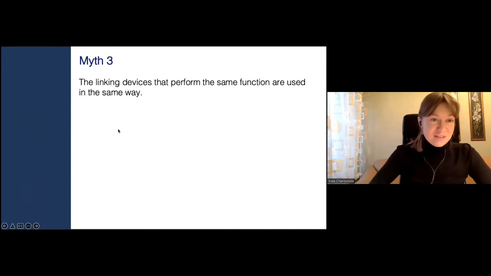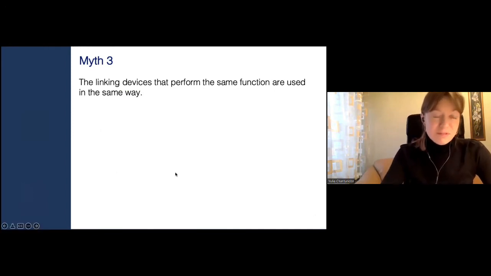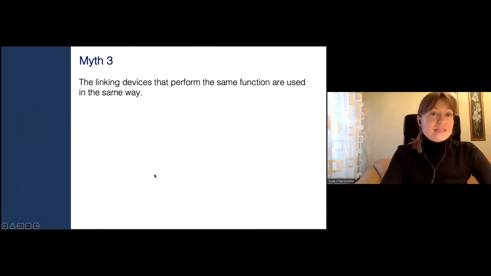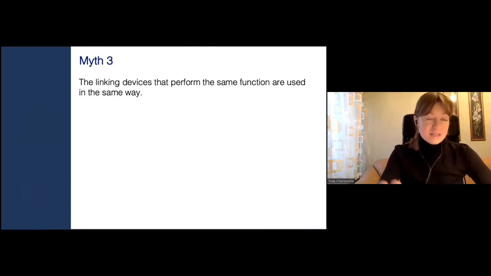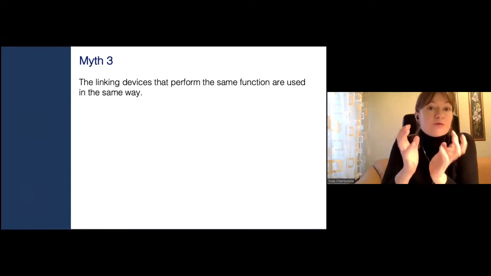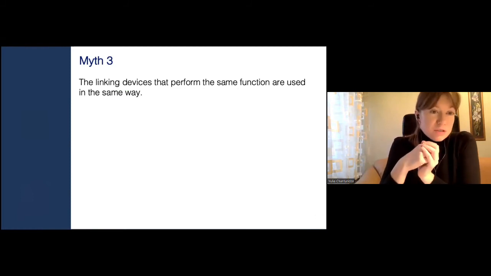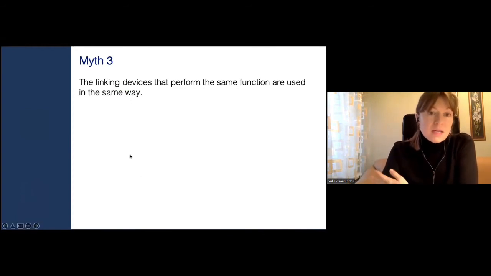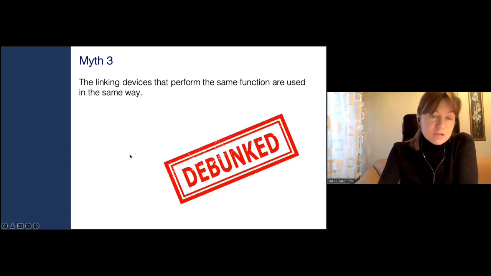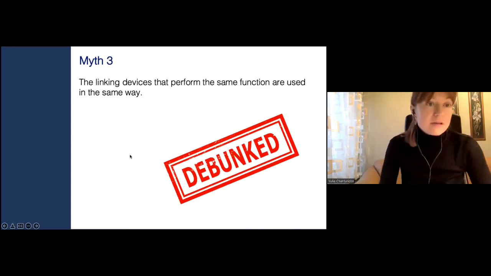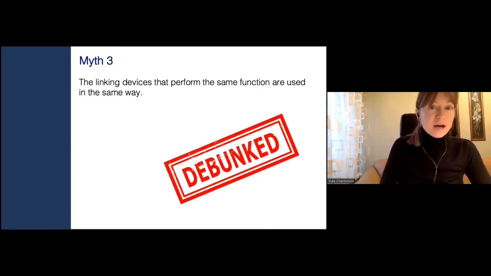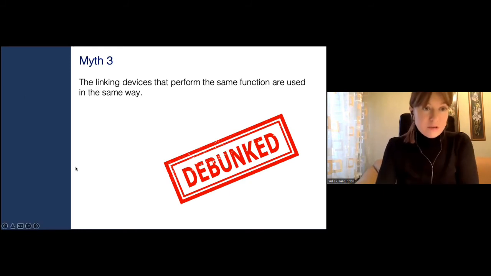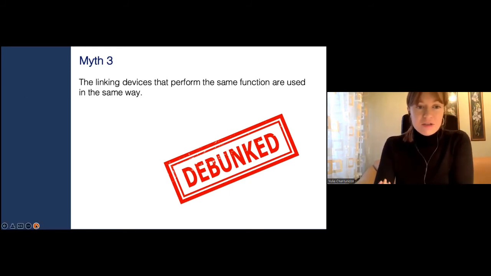By discussing the different sections of linking devices, we have debunked one more myth with you, that all linking devices that belong to one group, one function, like we did in the Jamboard, are used in the same way. Unfortunately not. You always need to consult a dictionary or, again, look at other articles in order to figure out how they're used. So that was the third myth of our seminar today.